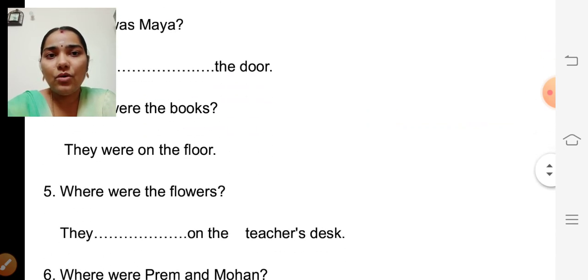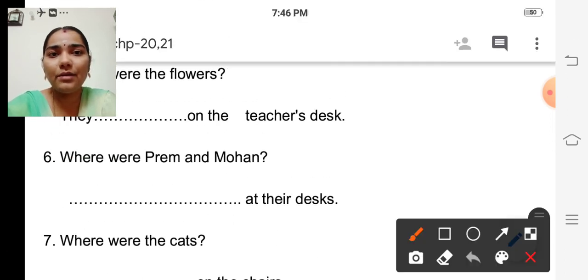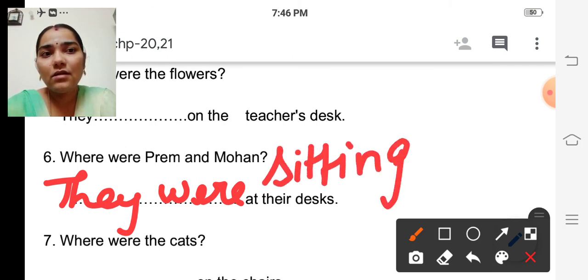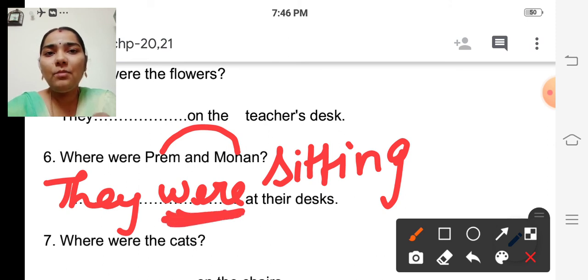So we have to write: they were sitting at their desks. Is it clear? They were, because they are asking about two persons, Prem and Mohan. So here we are using the verb were. They were sitting at their desks.